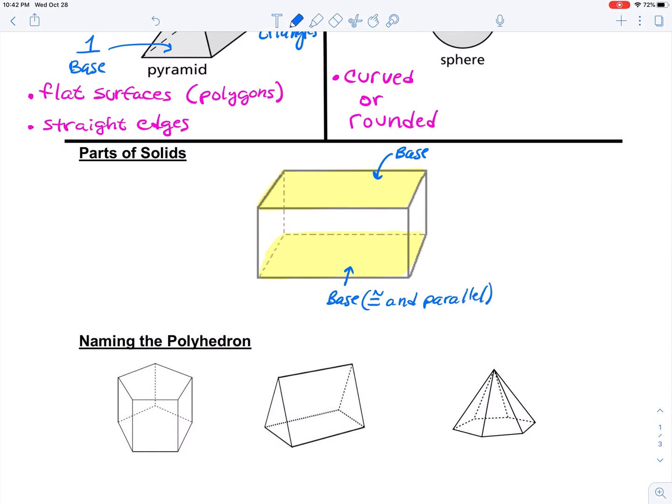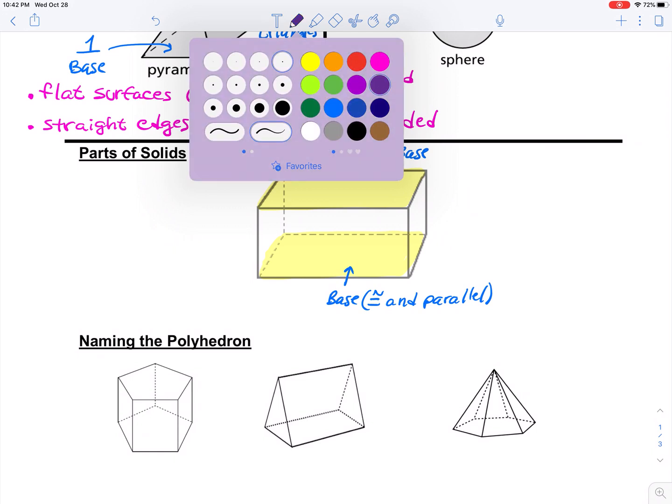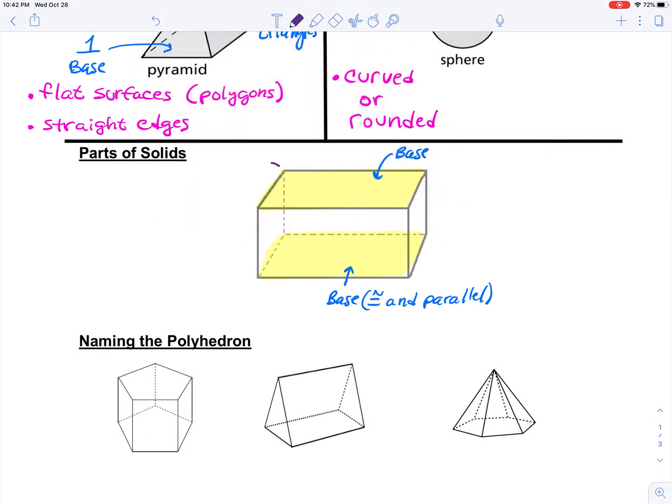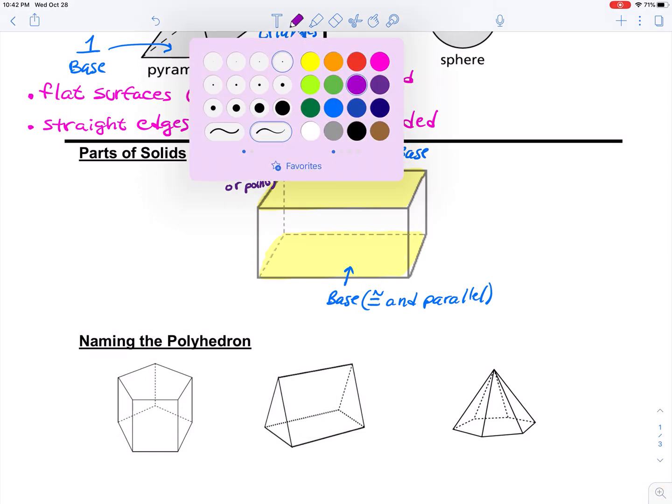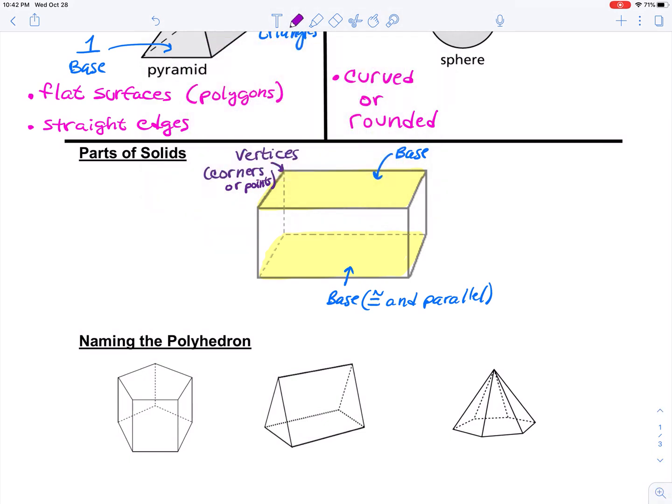We have vertices, and your vertices, that's plural for vertex, they are your corners or the points. We have edges, straight edges.